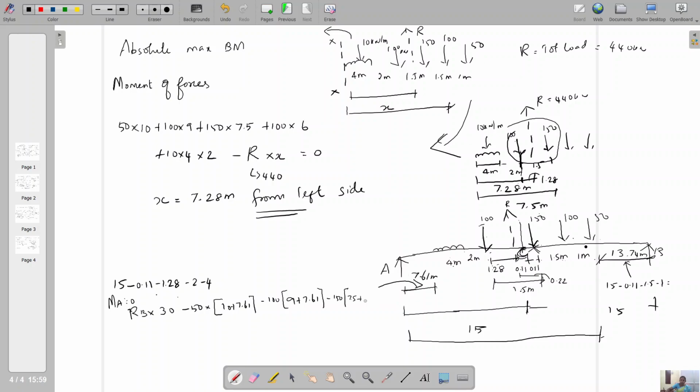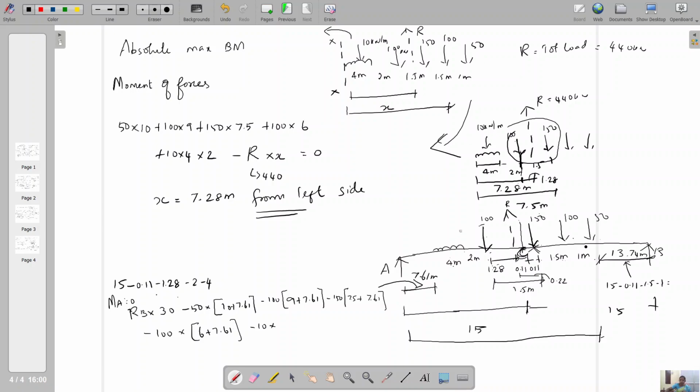And the fourth load, minus 100 into 6 plus 7.61.